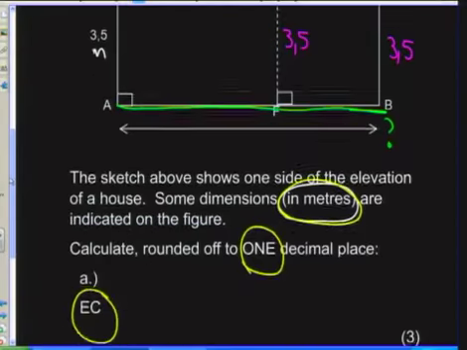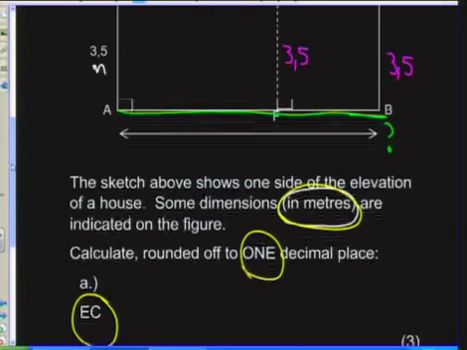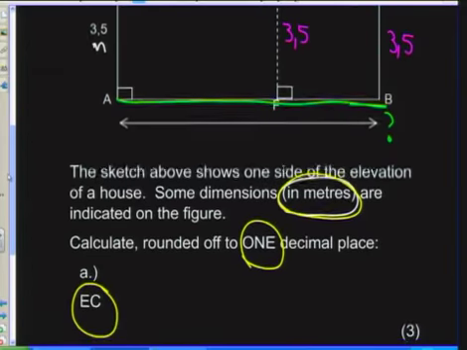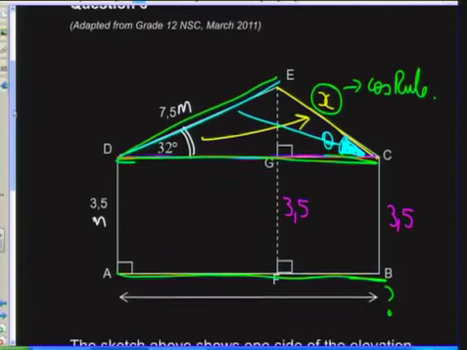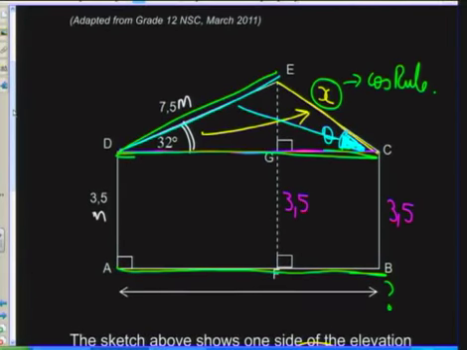And once we've got that, we can then find the area of triangle DEC, which is trying to find that angle there, so that then you can work out what this area is.